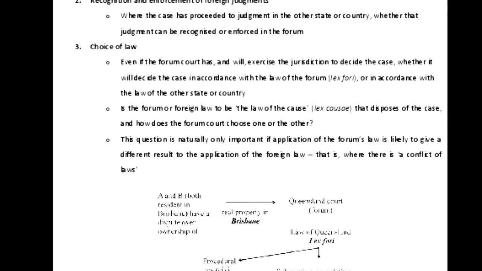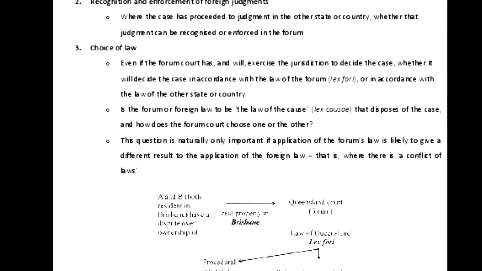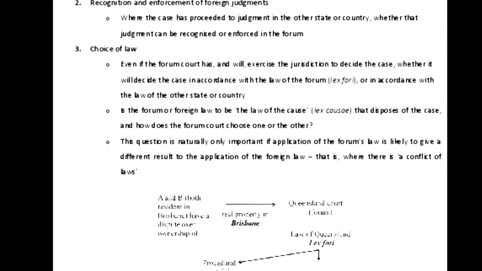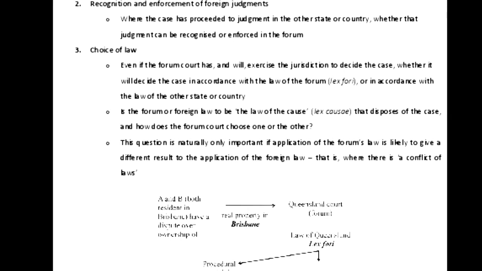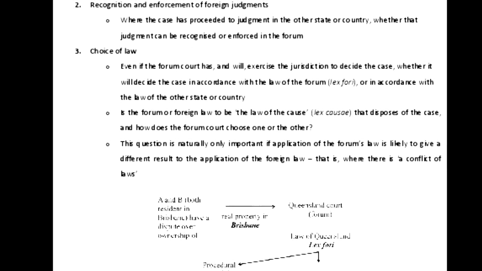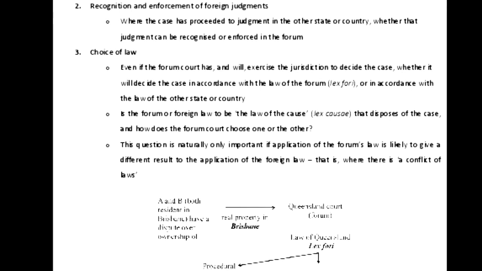Okay, fine. So you agree with Cheshire in terms of how he is critical of, or not very fond of, finding Comity of Nations as a basis of private international law. Yes, sir, exactly. Okay, fine.